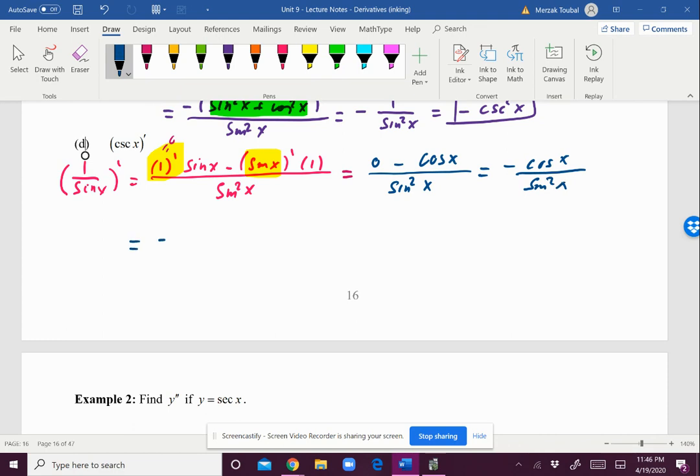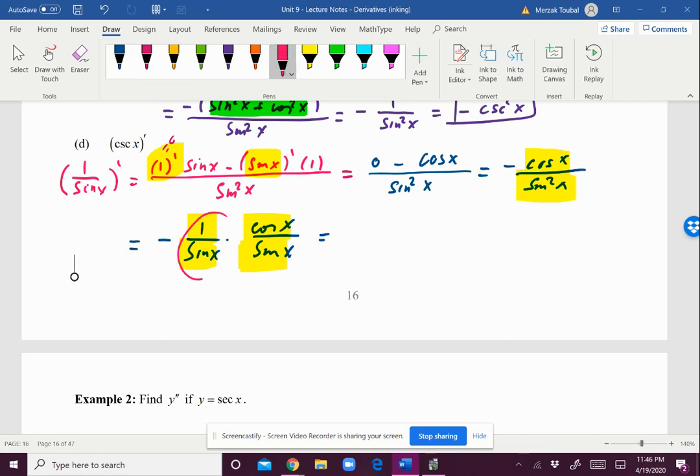This can be written as negative 1 over sine x times cosine over sine. And of course, sine times sine is sine squared. 1 times cosine is cosine, and you have the negative. What do we know about 1 over sine?